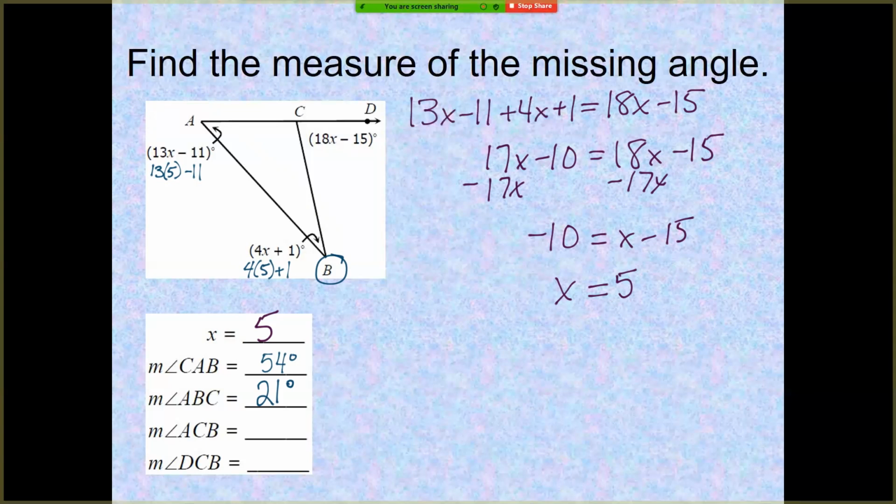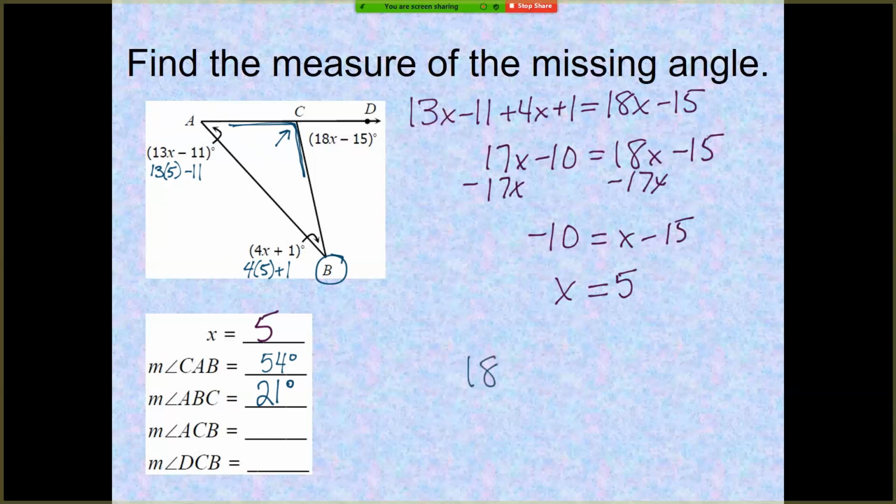Tricky question here. The next one asks you to find ACB. That is this angle right in here. There's a couple different ways you can find angle ACB. We know that angle A plus angle B plus angle C has to equal 180 degrees.